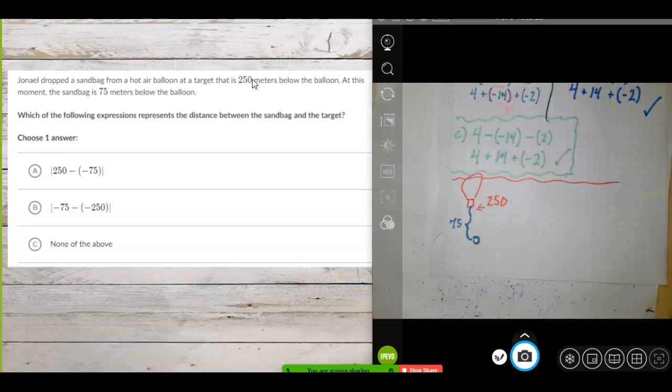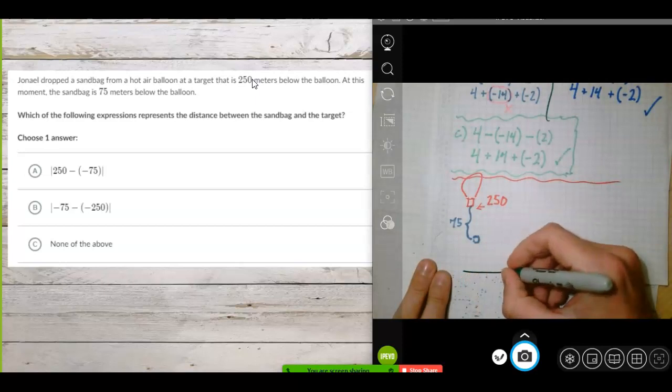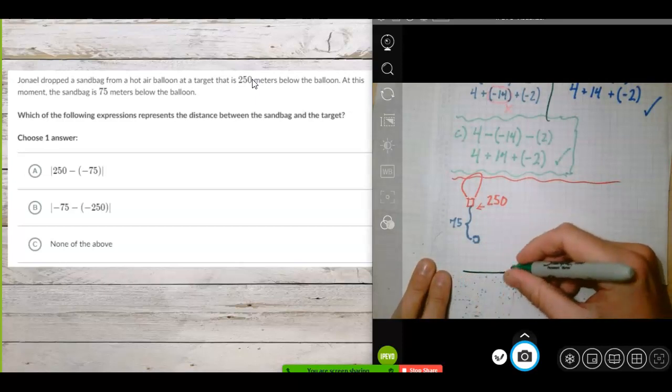Then it says, which of the following expressions represents the distance between the sandbag and the target? Any suggestions? So we've got a target. Remember, this is not to scale. If we're going to add to our picture, we can say down here's our target.